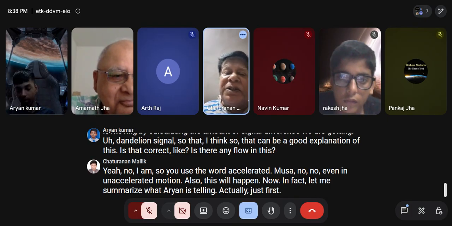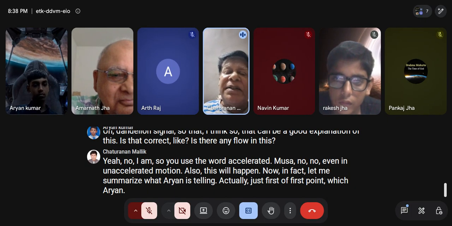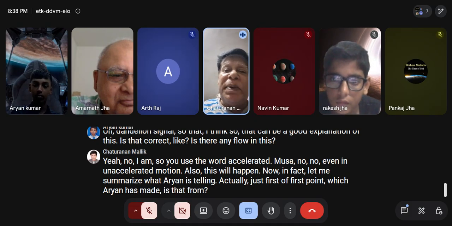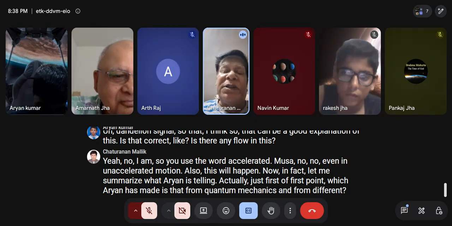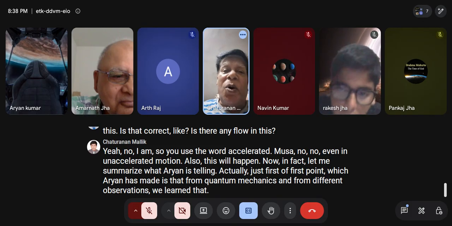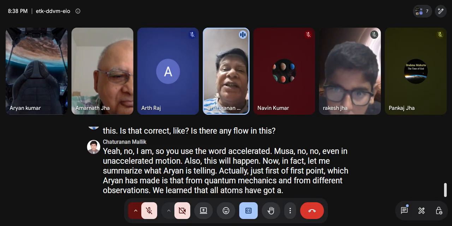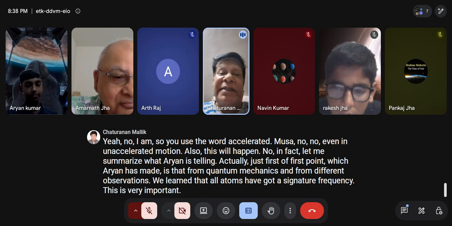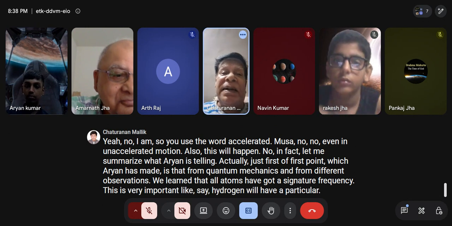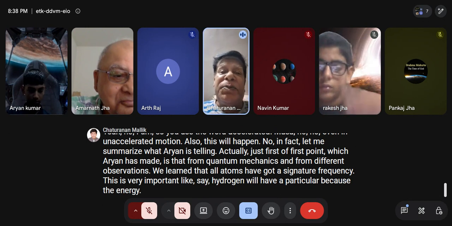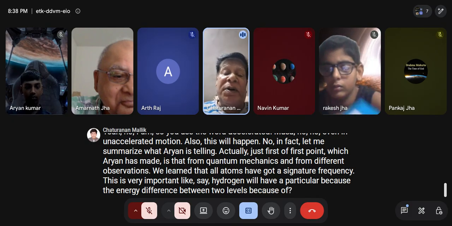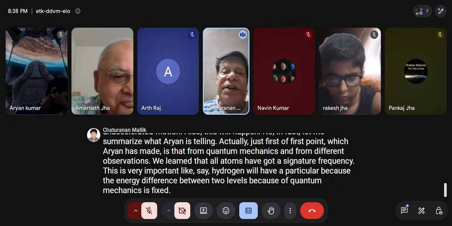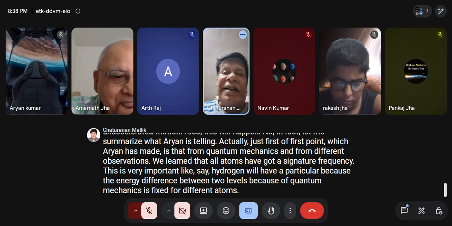The first point which Aryan has made is that from quantum mechanics and from different observations, we learned that all atoms have a signature frequency. This is very important. Hydrogen will have a particular one, because the energy difference between two levels, because of quantum mechanics, is fixed for different atoms.